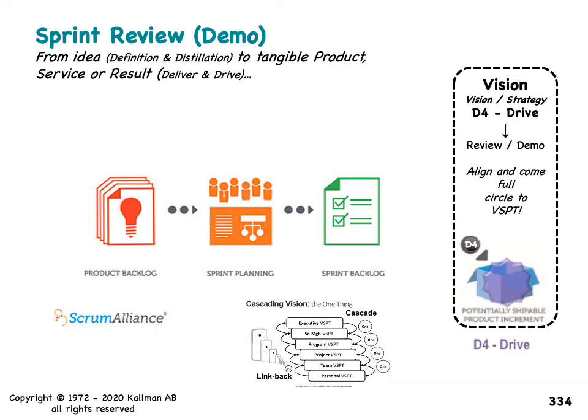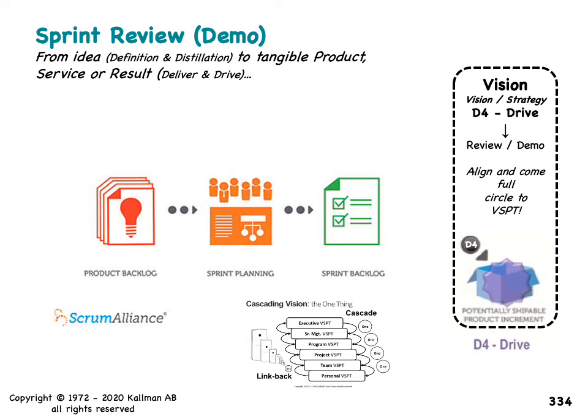And so now you're coming full circle in the 4D model to drive. And you're going to drive to success with as many iterations as you need in order to be able to deliver what it is that you're trying to deliver, whether it's a product, service, or result.